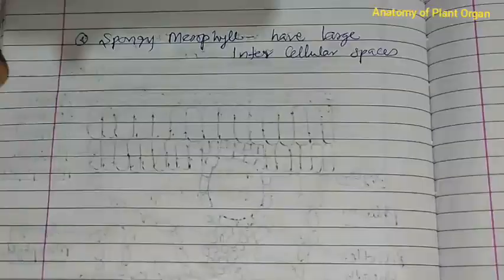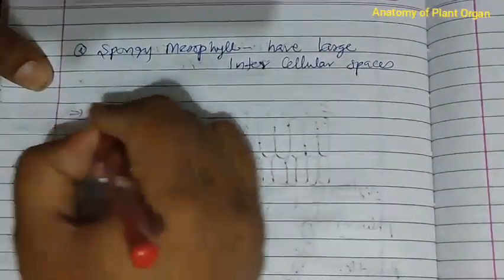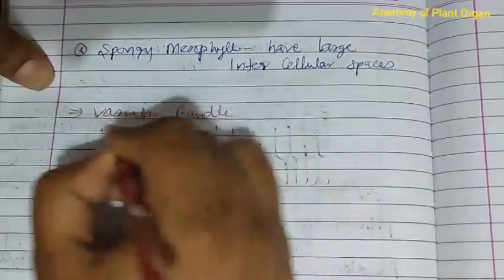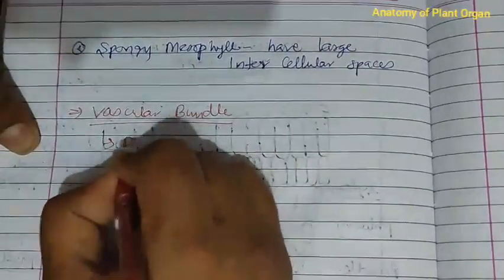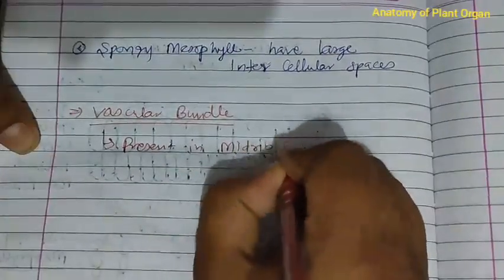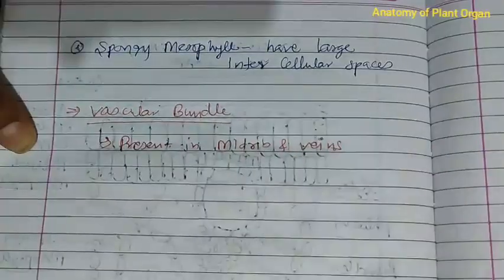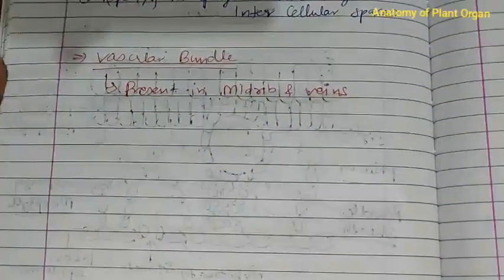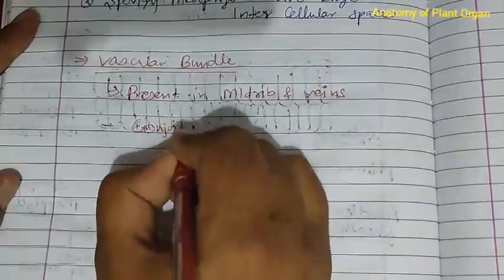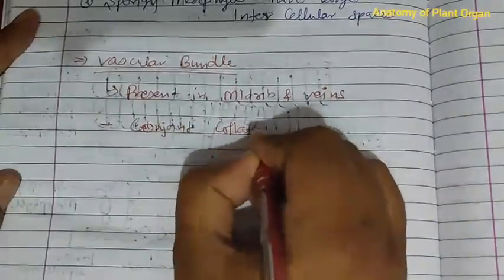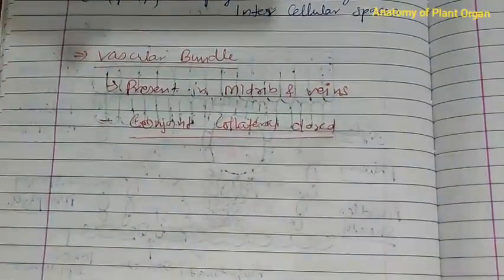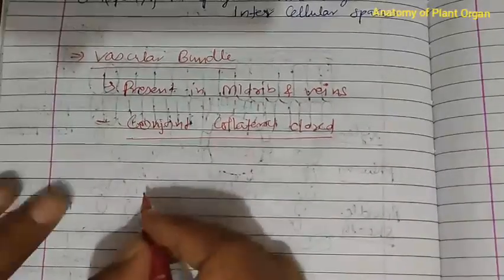Then next we talk about vascular bundle. So vascular bundles are present in midrib and veins. They are conjoint, collateral and closed. Conjoint means xylem and phloem are present in a single bundle.